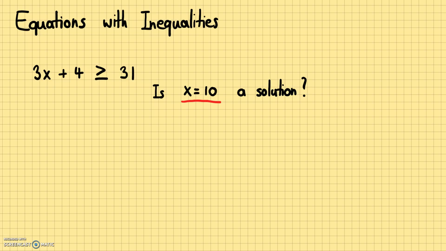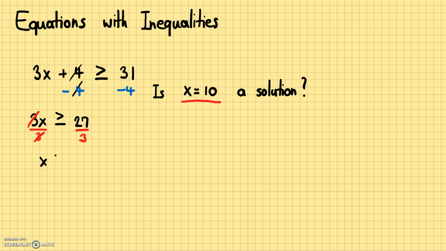Okay, so let's solve this inequality just like we would an equation. So subtract 4 on both sides. Then we'll get 3x is greater than or equal to 27. Okay, and then divide by 3 on both sides.